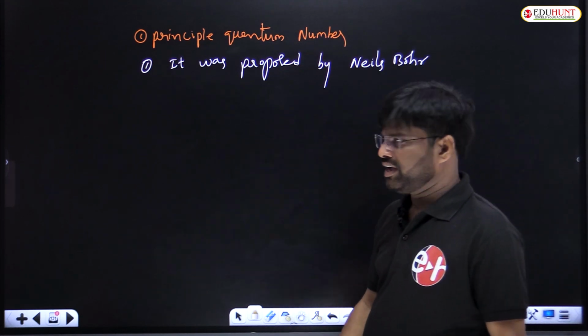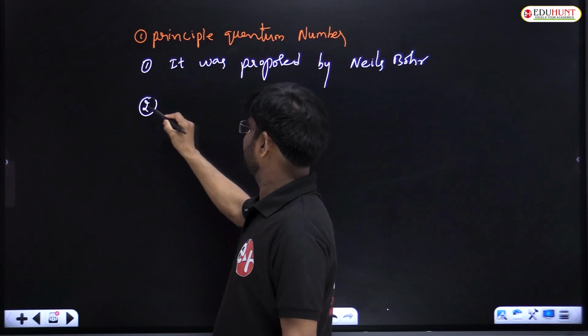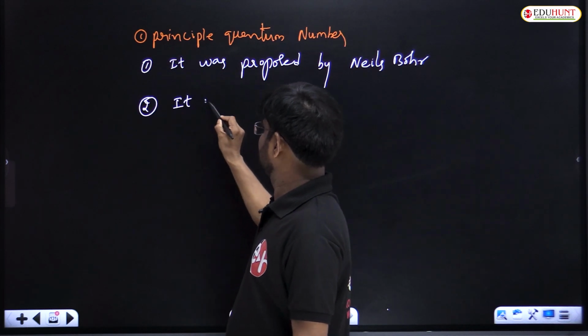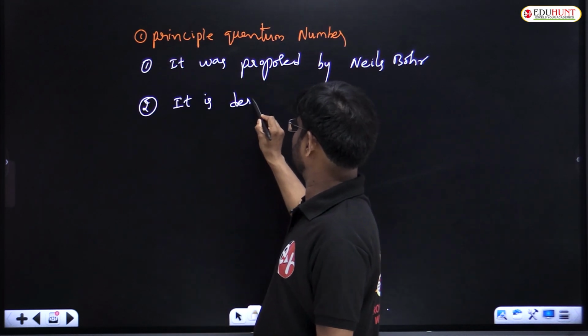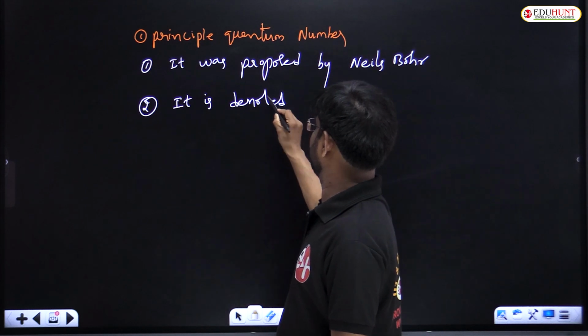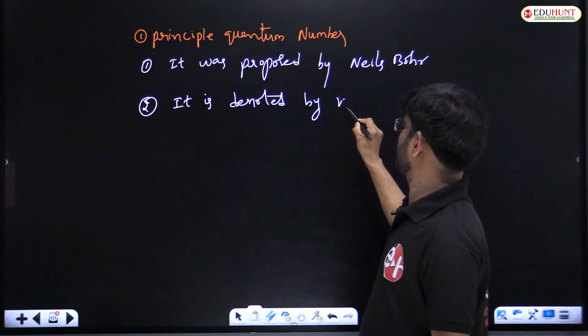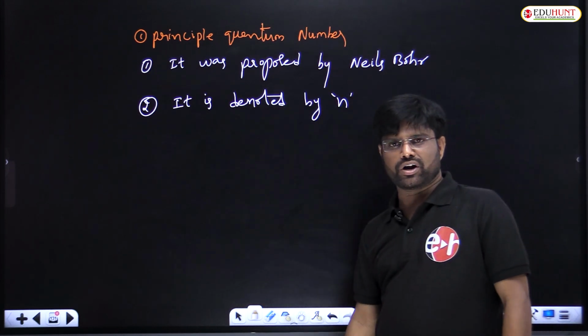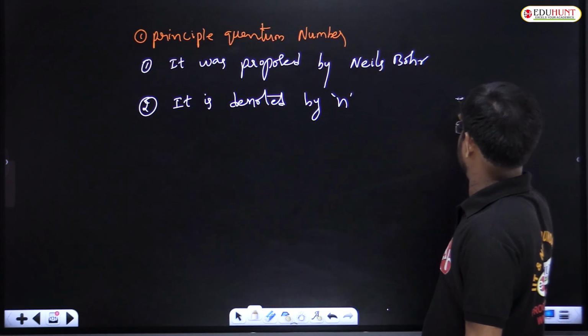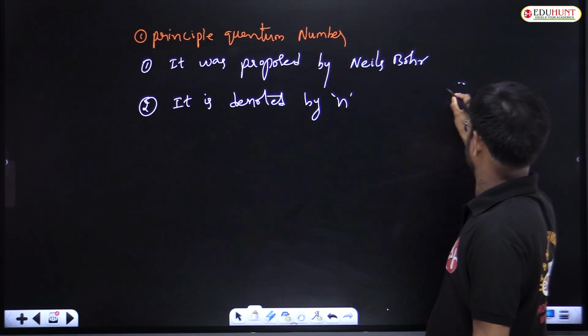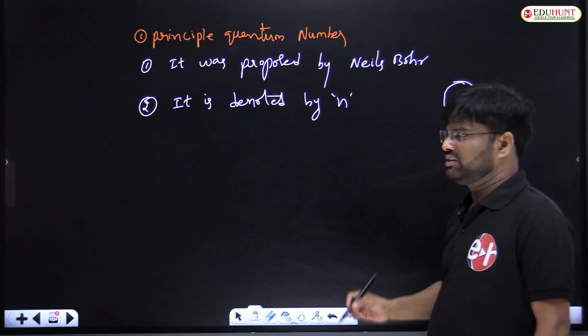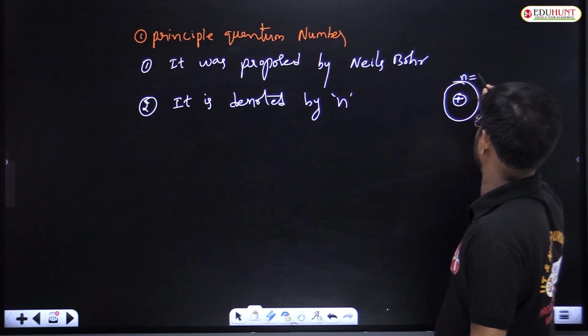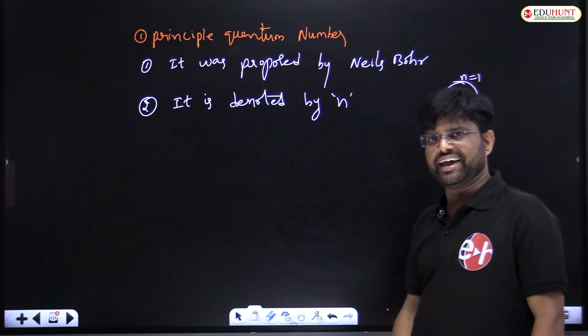And it is denoted by small n. You know Bohr's model: the first orbit is n equal to 1, symbolized by K.